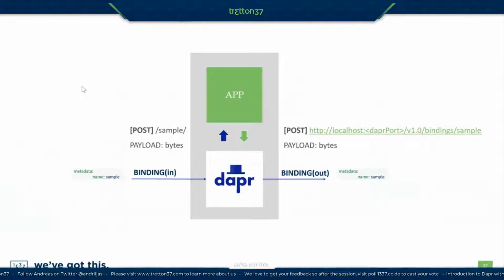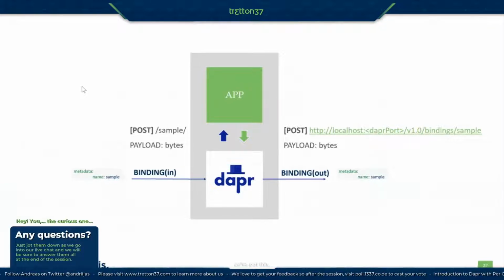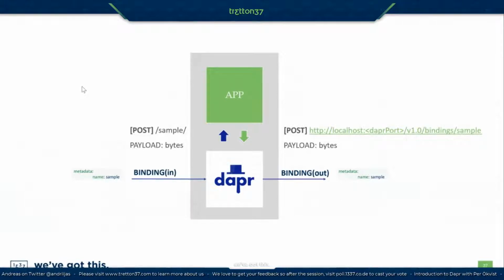And the same way goes when you need to communicate out with a byte payload. Then you are going to utilize an output binding, and even that is configured through a component, or in this case, the same component sharing the name sample. And now you see this schema, how we communicate with the sidecar. So I'm going to invoke the sidecar using localhost because this is running side by side, and the sidecar has a port and a version, and then we have the schema of bindings, and lastly, my name sample.